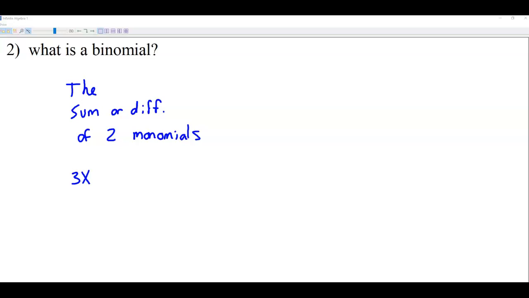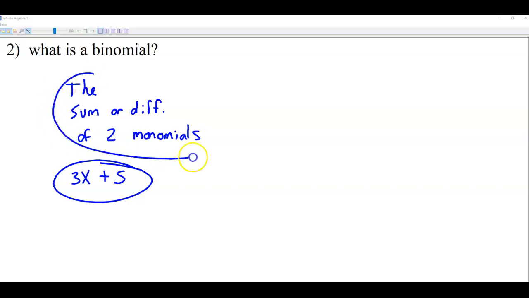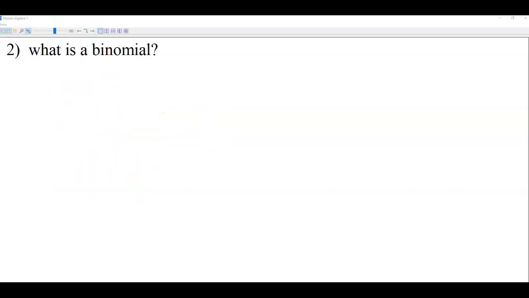Well, if you just have two of those things being added or subtracted, then you've got a binomial. So this is an example of a binomial. You don't have to give an example, but I'm just providing one to bring the definition to life. But this is the answer: it's the sum or difference of two monomials.